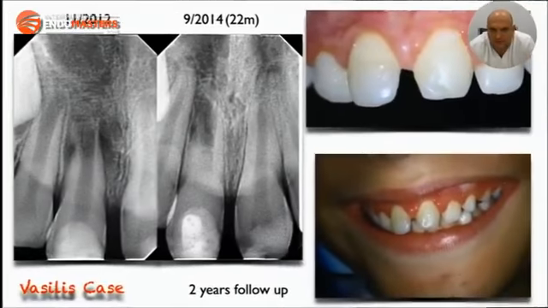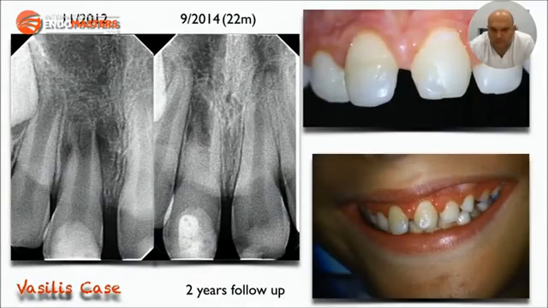And this is the 22 months follow-up, almost 2 years. No signs of mobility, no signs of infection. The tooth is asymptomatic, and in the radiograph you can see some signs of continuous root development. Vasilis is happy because he still has his central maxillary incisor.